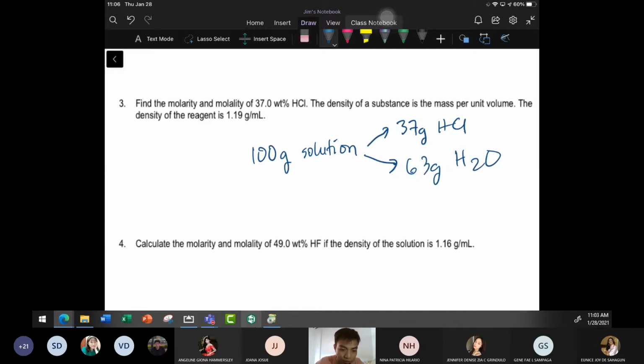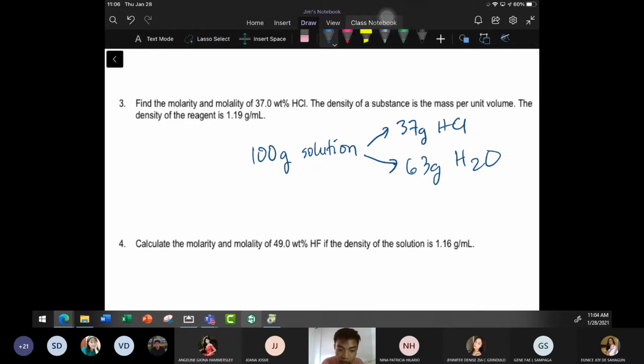Again, every time you see percent weight, you assume that the mass of the solution is 100 grams, no? So that kung ano yung percent weight ng substance na yon, yun na rin yung corresponding mass niya. Okay? For this problem, 37% yung HCl.